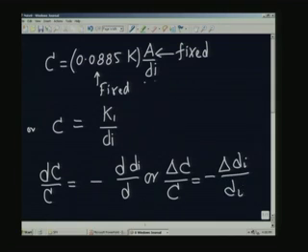So, this is just for distinguishing between the derivative symbol or the D here and the D there. So, this is your fundamental equation.